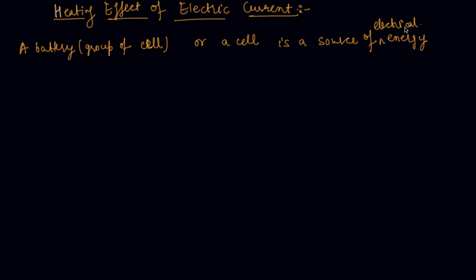The chemical reaction within the cell generates a potential difference between its two terminals, as we have already discussed. Let's say the voltage is V, so it generates a potential difference of V volt between its two terminals.